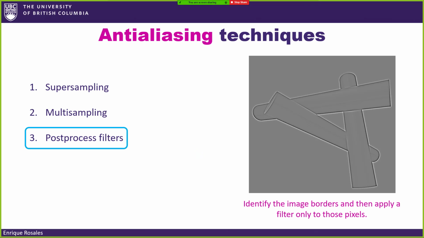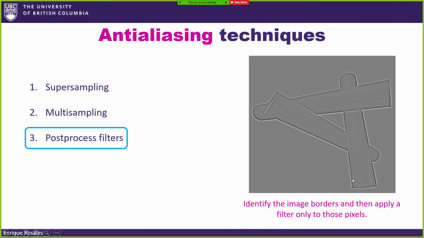Okay, the other option is doing something called post-process filters. For example, 3ds Max does this. I think Maya also does this, and I think Blender too. This is a bit more sophisticated. Instead of computing multi-samples or sending more rays, because that is expensive, once the final image is created, you apply a filter to detect borders on that image.